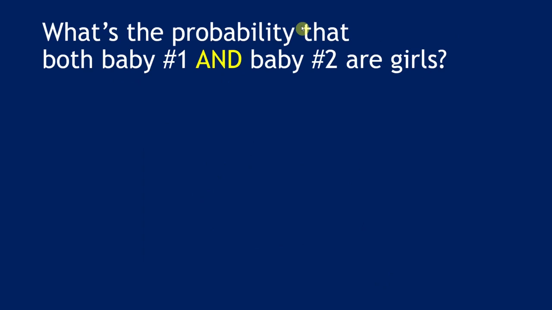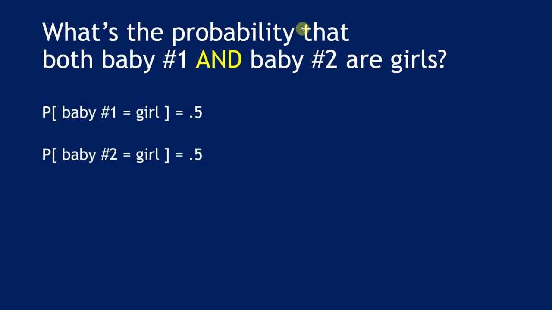Now, let's look at the baby example again. What's the probability that both baby number 1 and baby number 2 are girls? So if we have 2 pregnancies in a row, what's the probability that the first baby is a girl, and then again, we get another girl? The probability of getting a girl is roughly 50% based on years of experience, thousands of experience that we know about pregnancies.